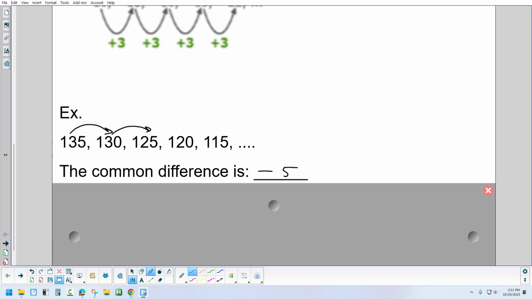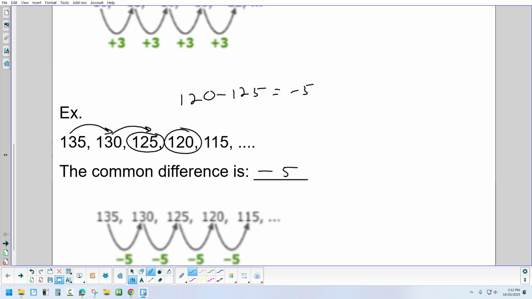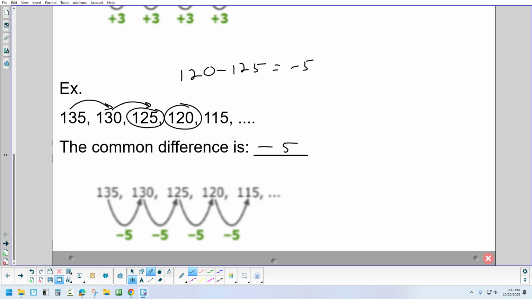Again, if you were stuck and you couldn't figure out the common difference, take any number you want and subtract the one that comes before it. What do you get if you do 120 minus 125? You get -5. That's how you can always figure out the common difference if you don't see it. The diagram right there shows you the same thing, -5 each time.